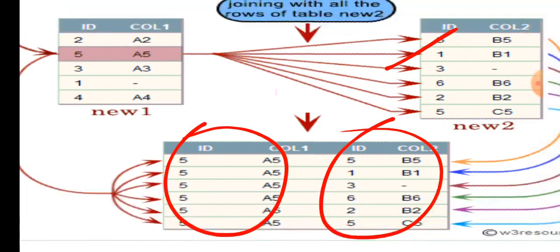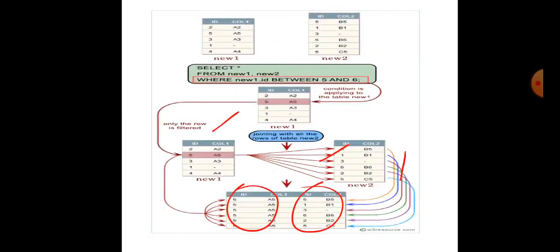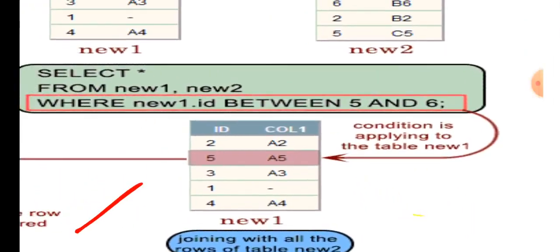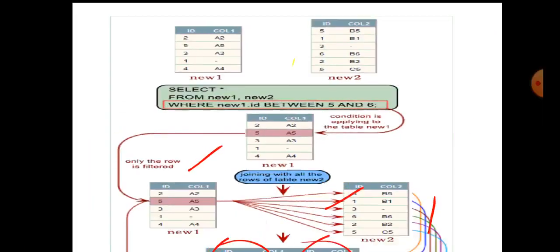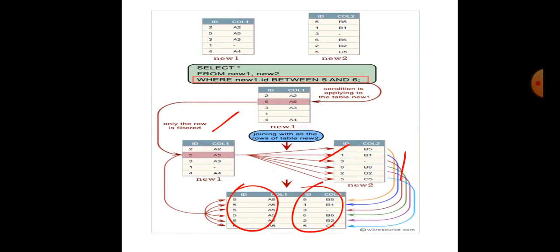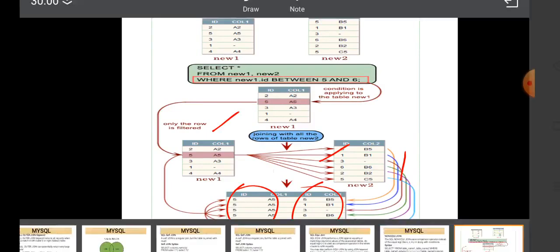When we apply the command select star from new1, new2, where new1 dot id between 5 and 6, that is the result we get after the execution of that statement.